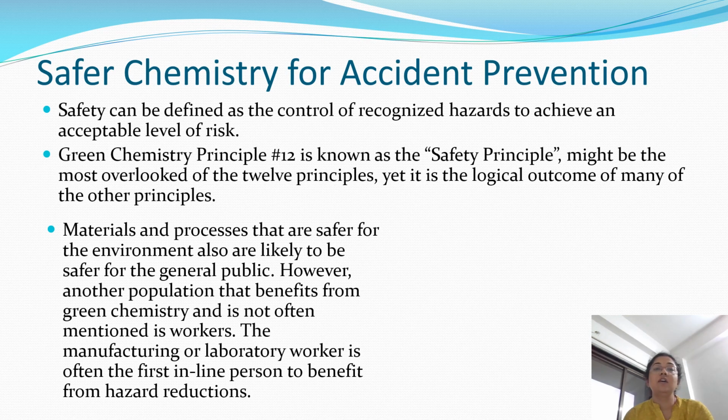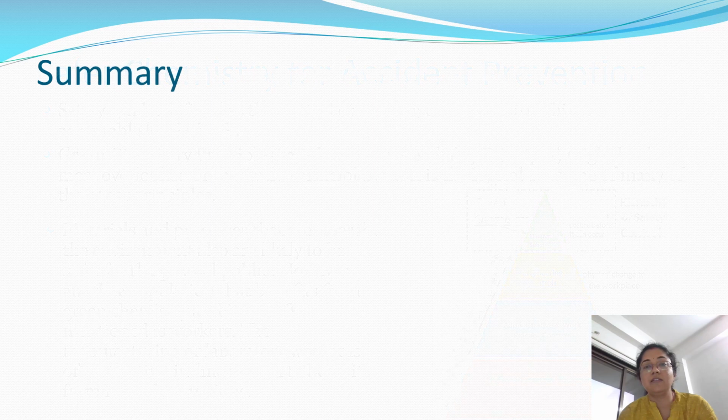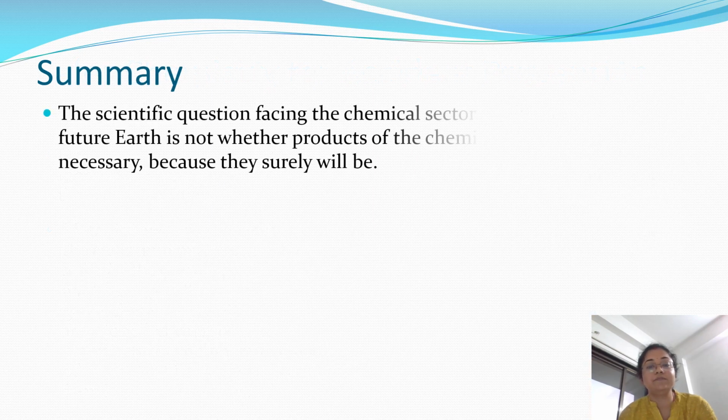The procedures should minimize accident occurrence. The laboratory workers, or the workers in the industries, are the first in line to benefit from such hazard reduction. So we should have these kinds of methods. We should go with them.